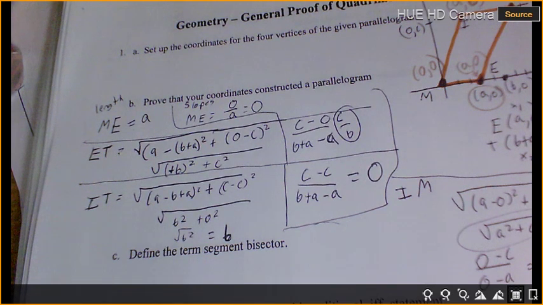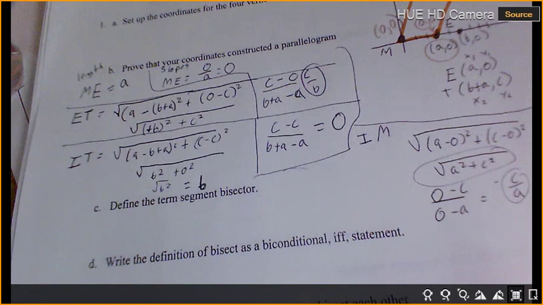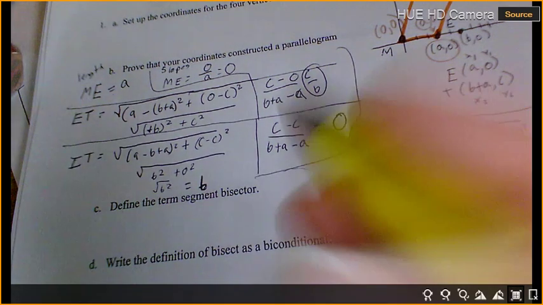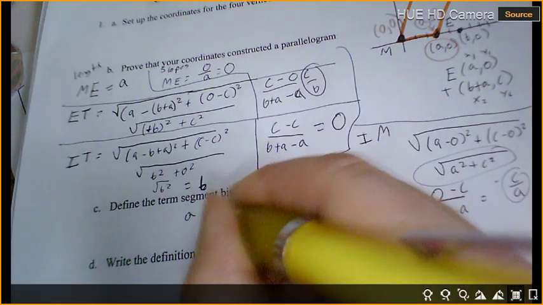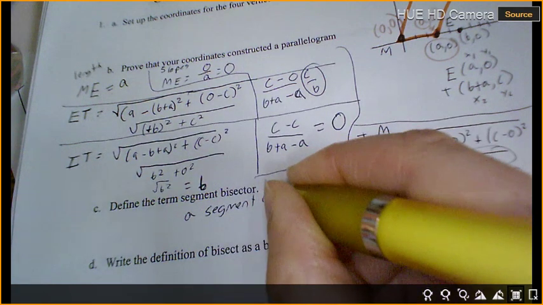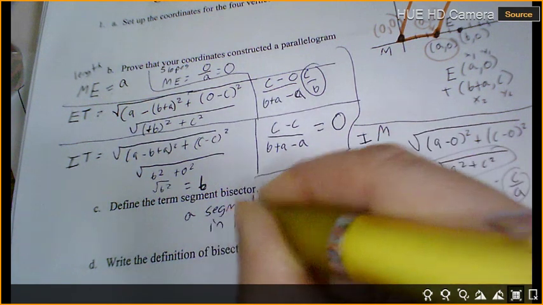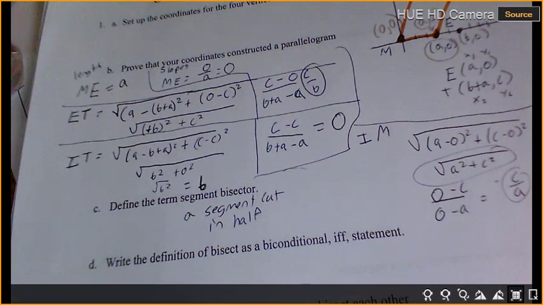What's the definition of a segment bisector? Who knows what the definition of a segment bisector is? What is a segment? It's a line that has a beginning and end, right? What does a bisector mean? Cut in half. So a segment cut in half. Write the definition as a biconditional statement.